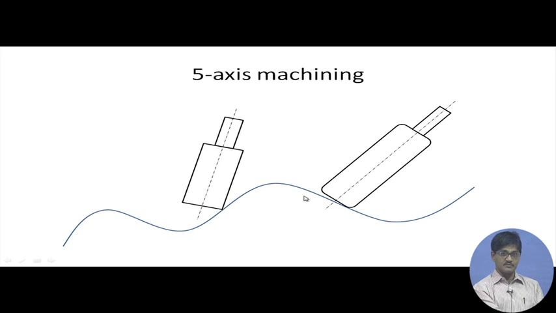So, a 5 axis machine makes it possible to use a flat ended milling cutter to cut a 3-dimensional surface, and incidentally it can achieve a higher surface finish compared to the ball ended milling cutter.